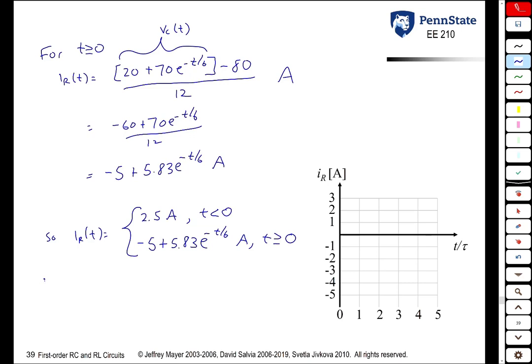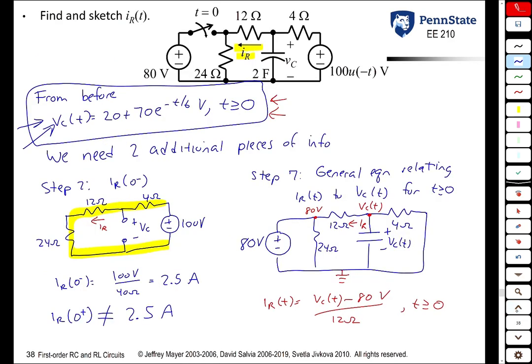Note, by the way, that if you plug in 0, IR of 0 plus is minus 5 plus 5.83 times e to the 0, which is equal to 0.83, which does not equal IR of 0 minus, as we claimed was going to be the case.